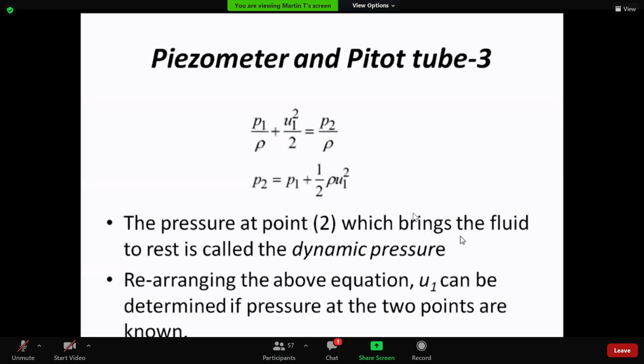You see, the fluid comes and it is stopped. For it to be stopped, you expect some work to be done for it to be brought to rest. Some work has to be done. So there is that dynamic component.